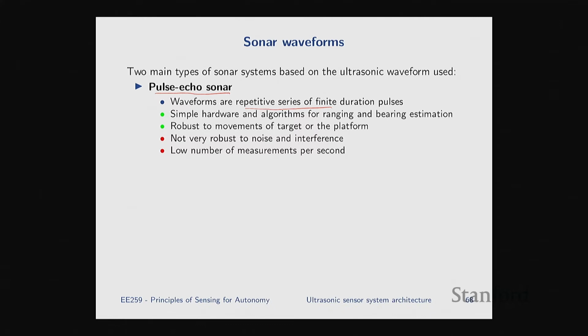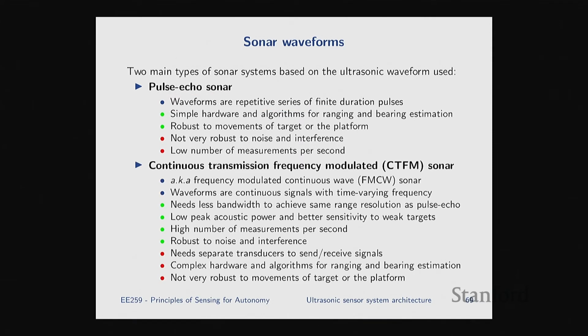Then the second category of waveforms that are used is continuous waveforms. So your transmitter never stops; it's continuously transmitting waveforms. Specifically in sonar, these are called continuous transmission frequency modulated sonar, or CTFM sonar. Also called frequency modulated continuous wave, or FMCW sonar.